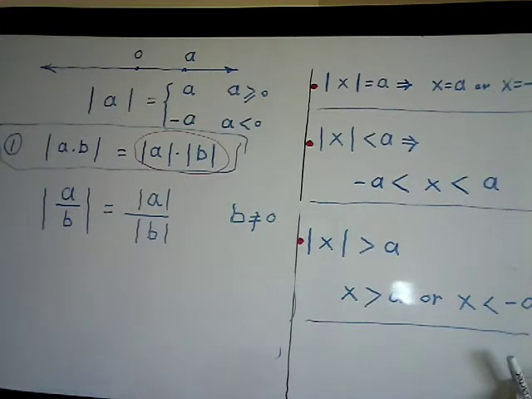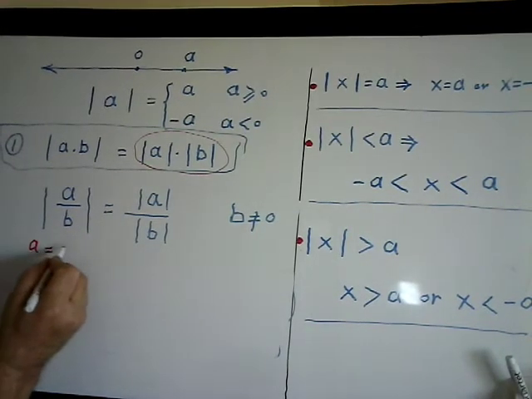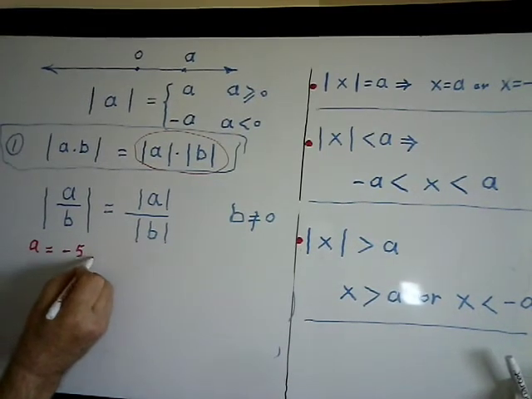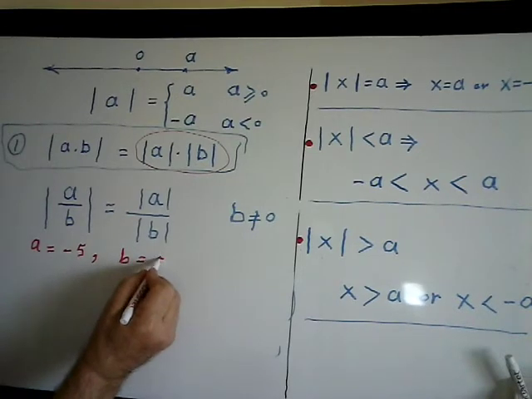Again, let us see this example. A is negative 5, B is positive 8.